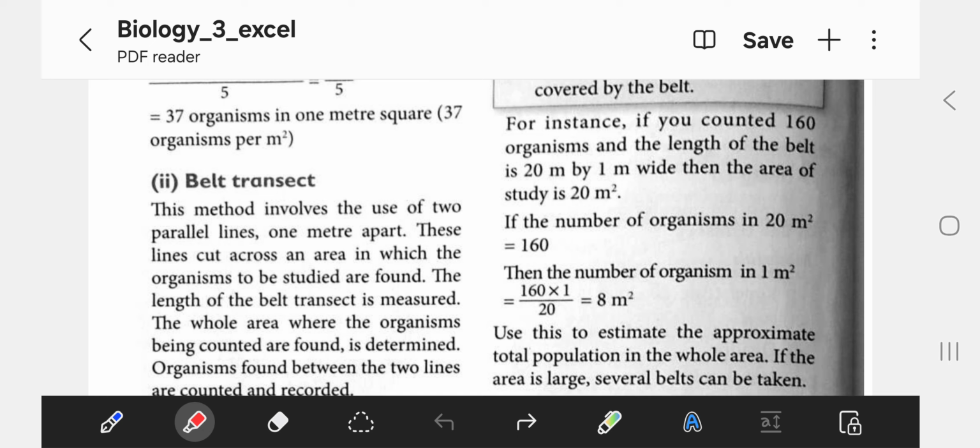So we are assuming that as we are doing this kind of study, no animal or organism should come into the area or leave it, because that would affect our study.